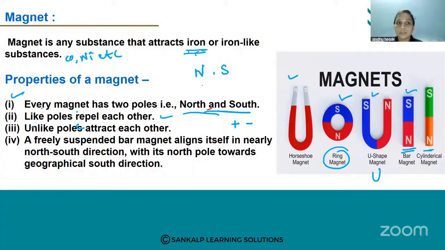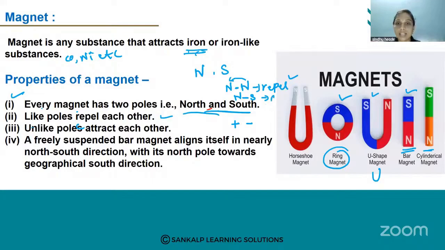When like poles come close to each other, what does it feel? It feels some repulsion. For example, when north and north pole come close to each other, these are like poles, right? So generally they repel each other. If north comes close to the south pole of another magnet, what happens?